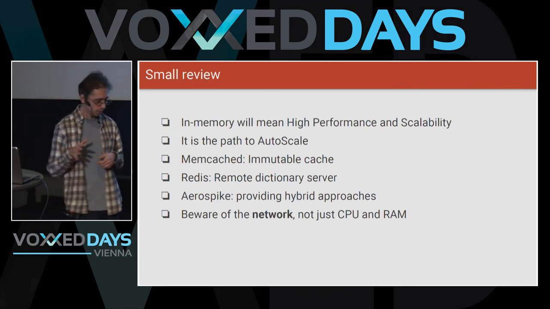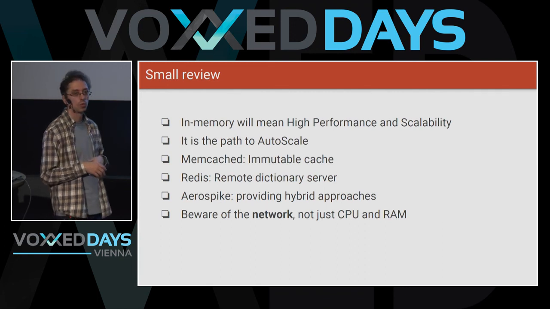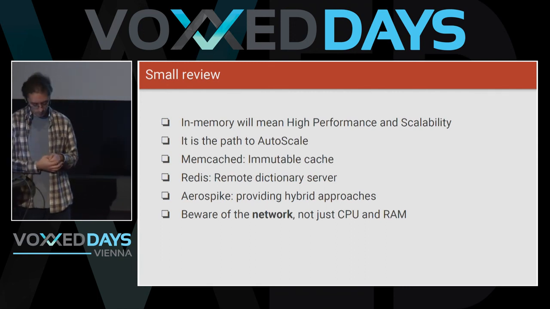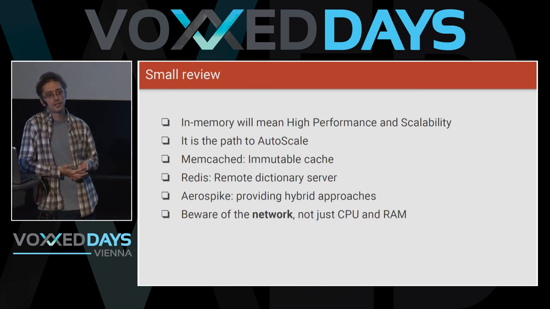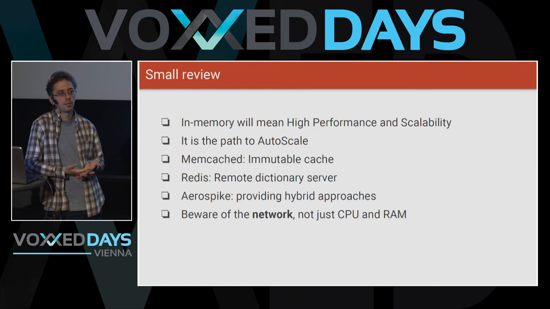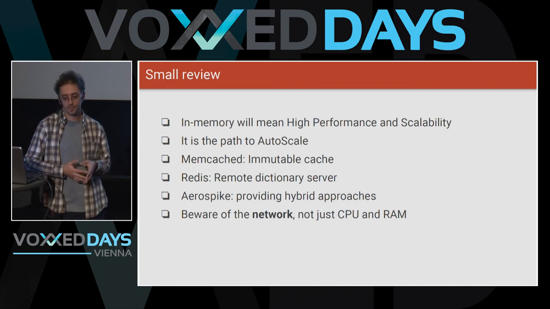Okay. Now, a small review of what we covered. The in-memory solution, besides performance, will give you scalability, which probably at some point, if your business goes well, you're going to need. And if you are also using some cloud solution, it's also the path to auto-scaling.